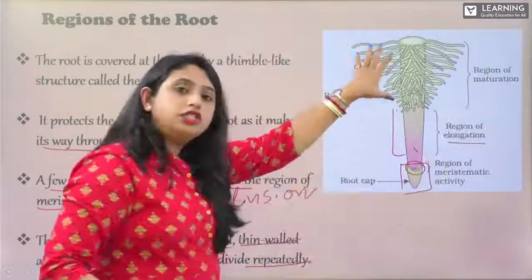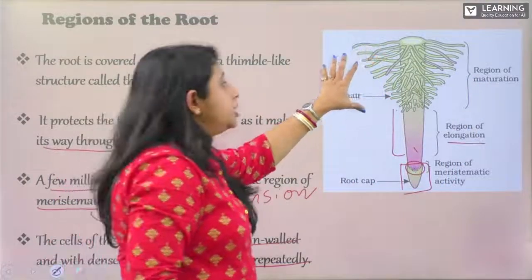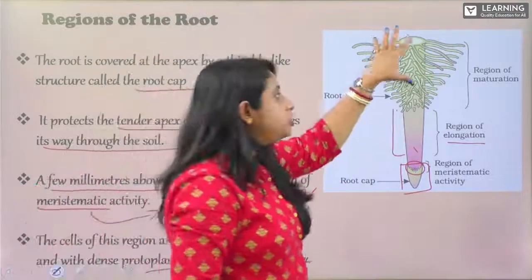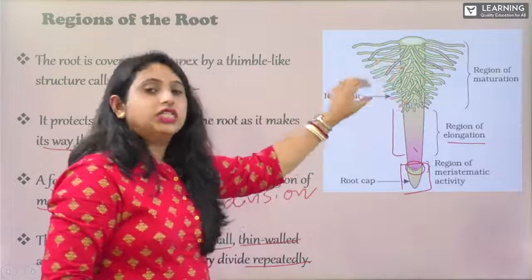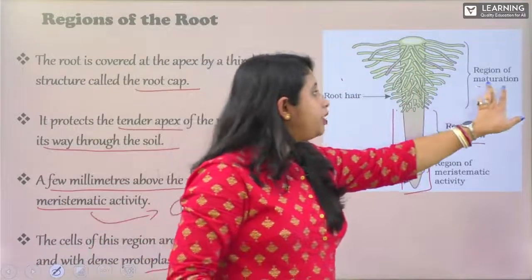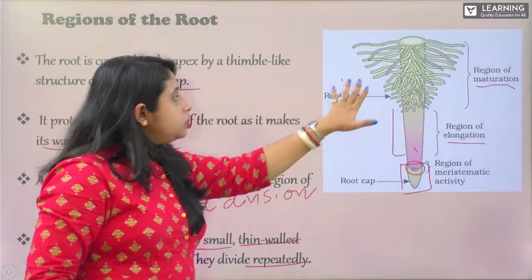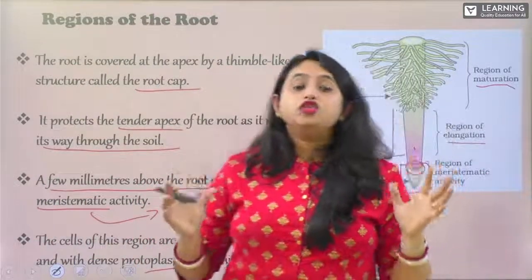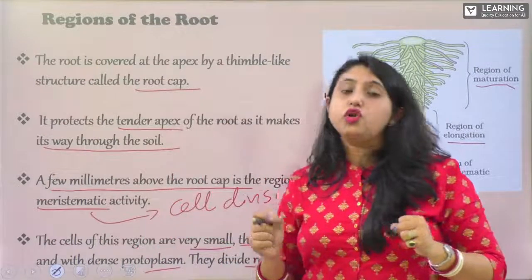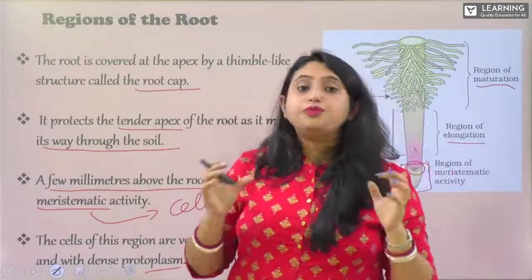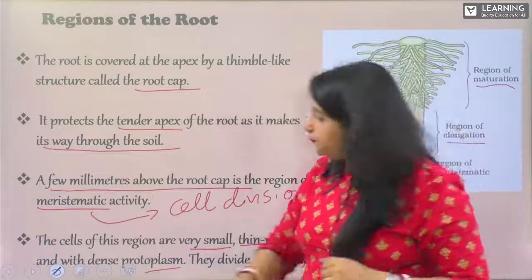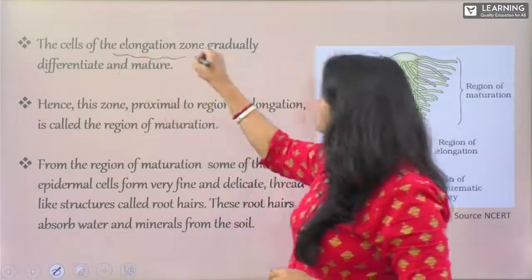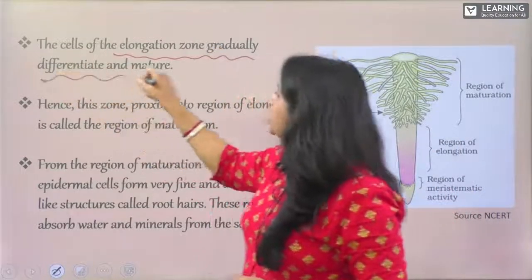This is your region of maturation, that is, the cells have divided properly and reached the region of maturity. What is the function of the root hairs? Root hairs help the roots to absorb properly and provide support to the roots. And the cells of the elongation zone gradually differentiate and mature.